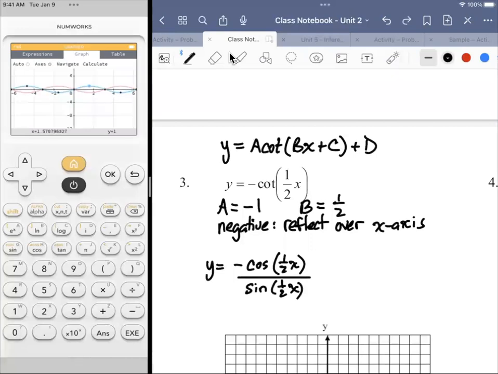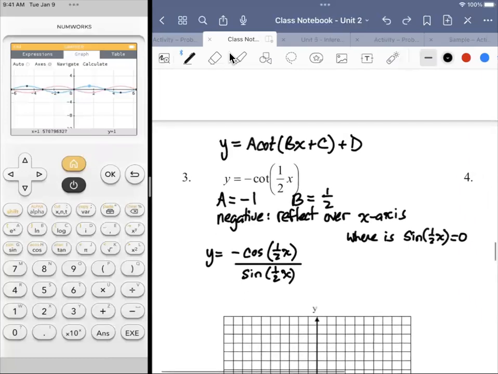So again, I want to know, where is sine of 1/2 x equal to 0? We're doing this because the bottom of a fraction, if it has a variable in it, could lead to the fraction being undefined.